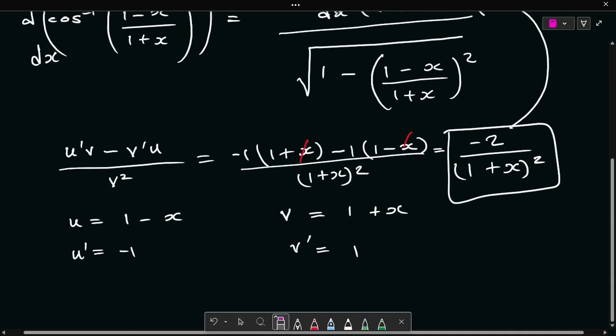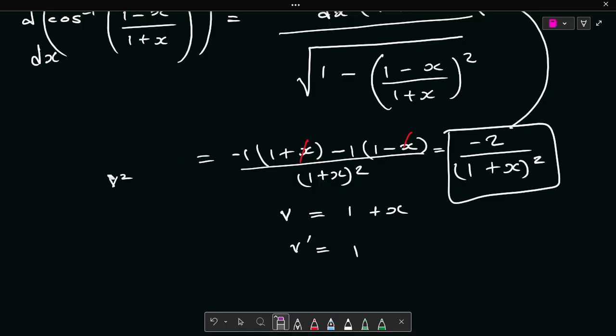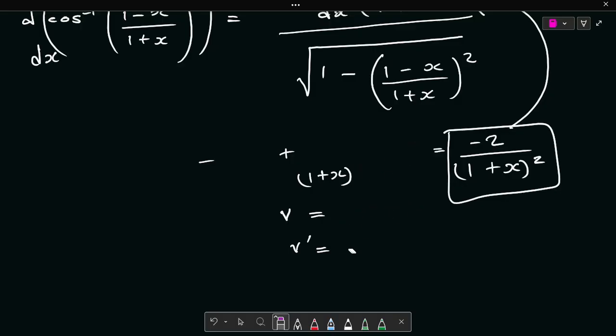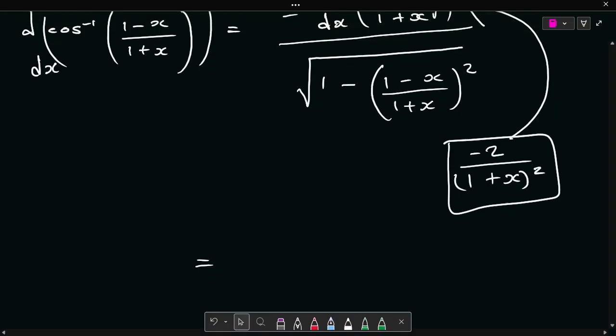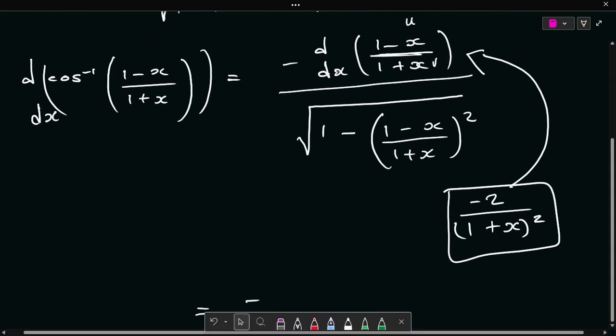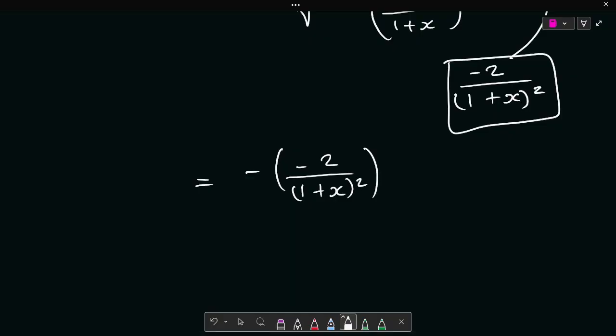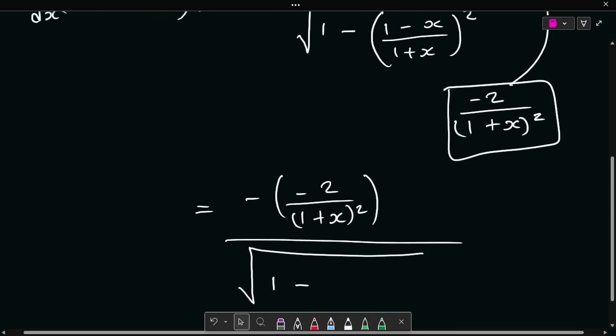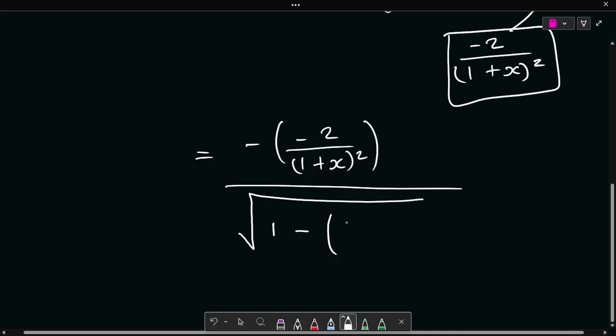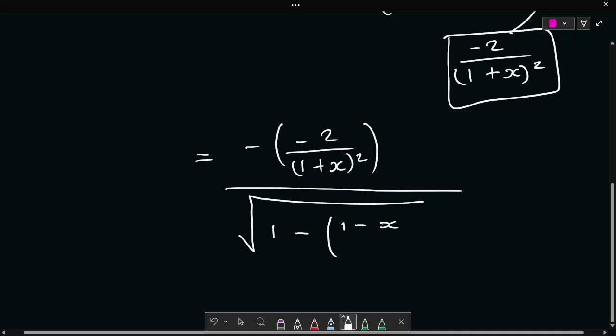Right, let me remove this. So this is going to be equal to, remember there was a negative on the outside, this negative we bring, negative 2 over 1 plus x squared, that over the square root of 1 minus 1 minus x over 1 plus x, all squared.